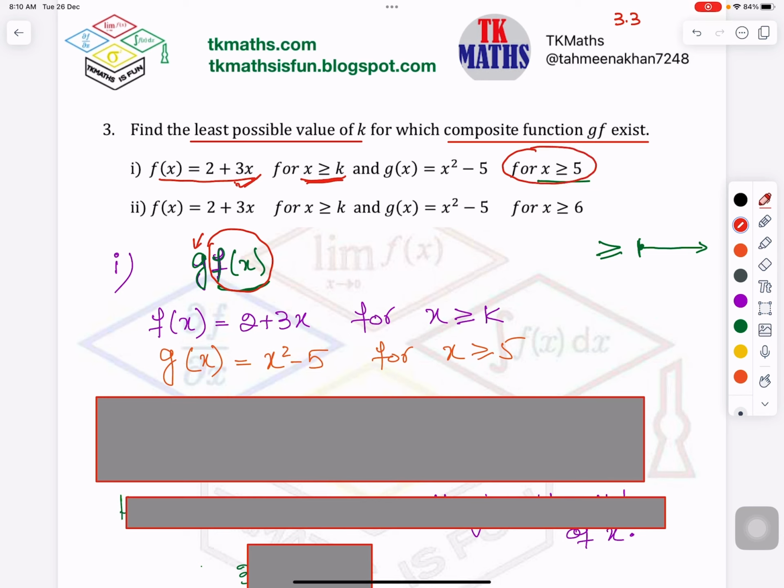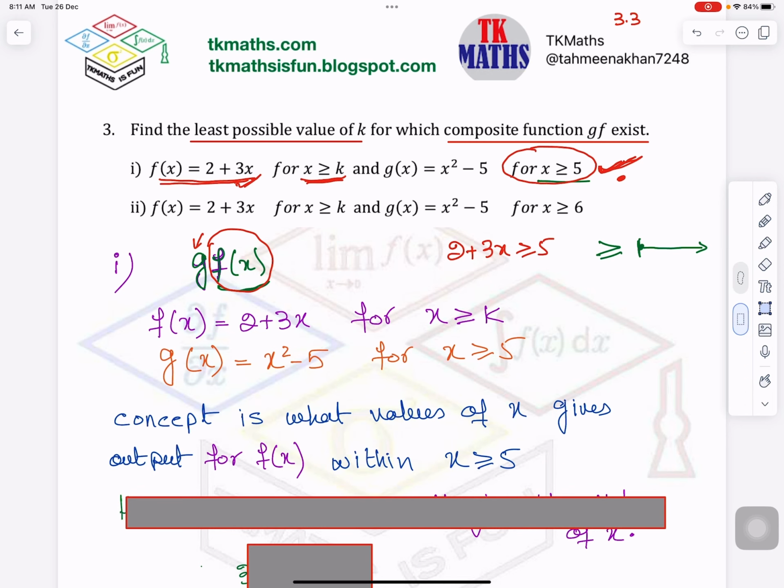So the condition for g of x is that the domain is greater than equals to 5. So when I get the answer, my answer for the f of x range should satisfy this condition. Which shows that my 2 plus 3x should be greater than or equals to 5 for certain values of x. Agreed?